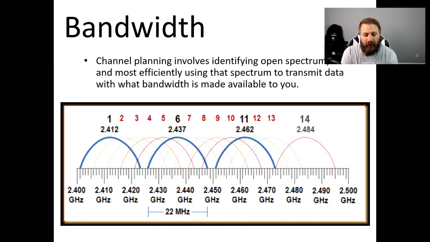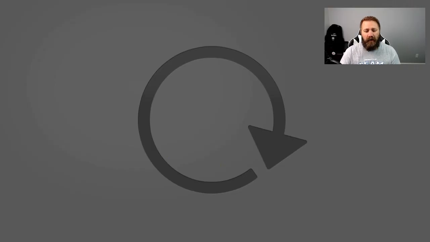But if, say, I'm on channel 1 and it's 20 megahertz bandwidth, then we know that we have to space a certain amount of frequency off of that to get another clean channel, another open area of bandwidth. So it's just something to keep in mind, and we'll come back to it once we start talking about how we put data on the RF side.